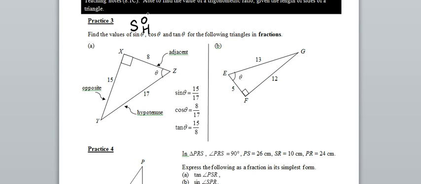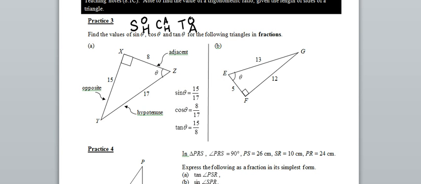What about cosine theta? Cosine theta is given by CAH, adjacent over hypotenuse. And last but not least, tangent theta. The tangent theta ratio is given by TOA, taking the opposite over the adjacent.